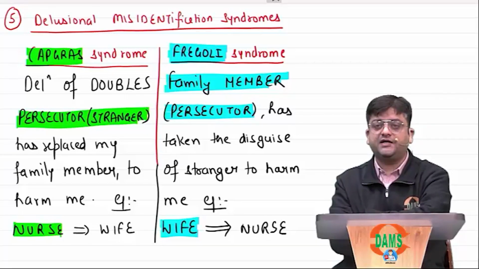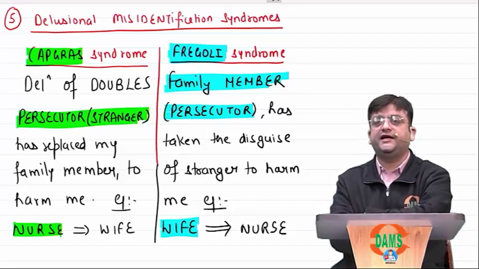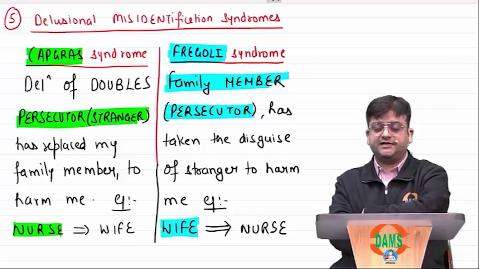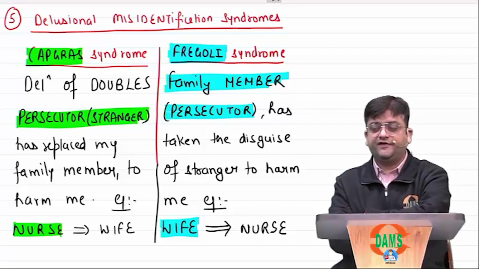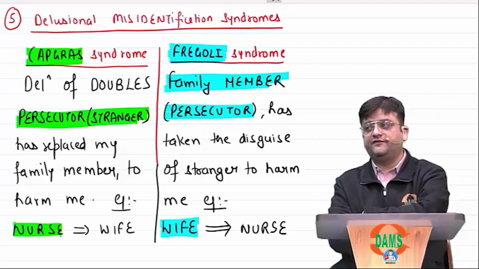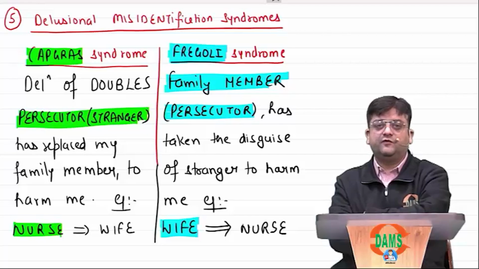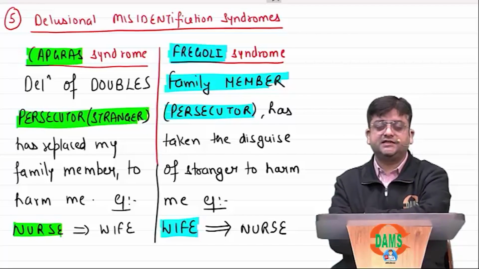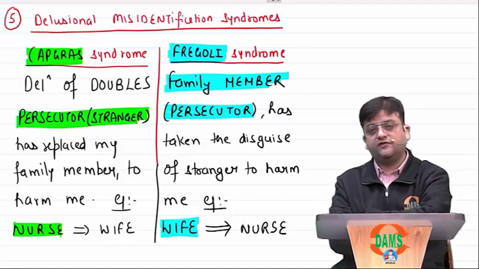In Capgras syndrome, the person will start shouting, looking at his actual wife, saying that she is the nurse in the disguise of the wife, but she is the wife.